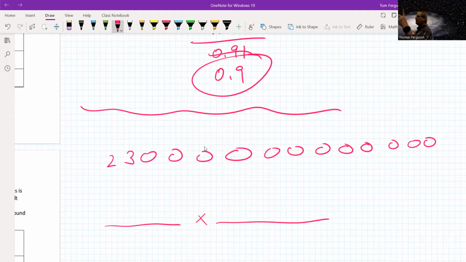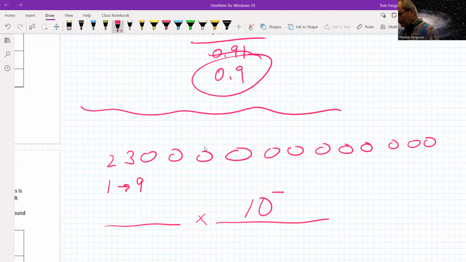Scientific notation has two parts: a base 10 number with an exponent, and a number from 1 to 9. Our decimal point is here. If we convert this number to a number from 1 to 9, that's going to be 2.3. I don't even know what this number is, it's some quadrillion number. How many decimal places do we have to divide this by to get to 2.3?